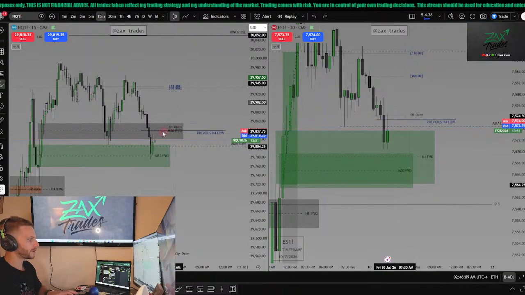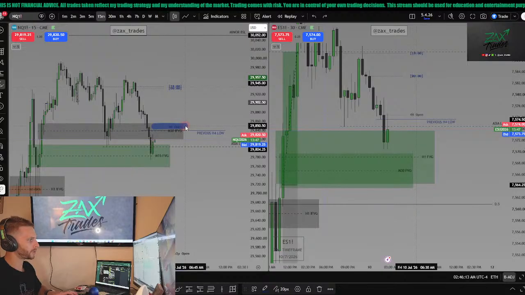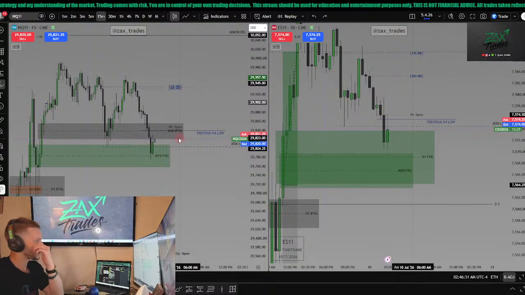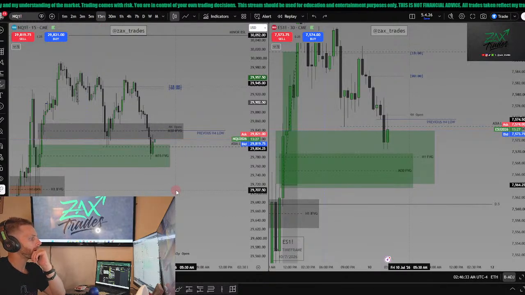I'll tell y'all that. Maybe it didn't hold it because this 4 hour open is inside that fair value gap, and it's sweeping this low. It wanted this low before it would pop back up, and that kind of forced us to inverse the 30-minute. So I don't think longs are out.